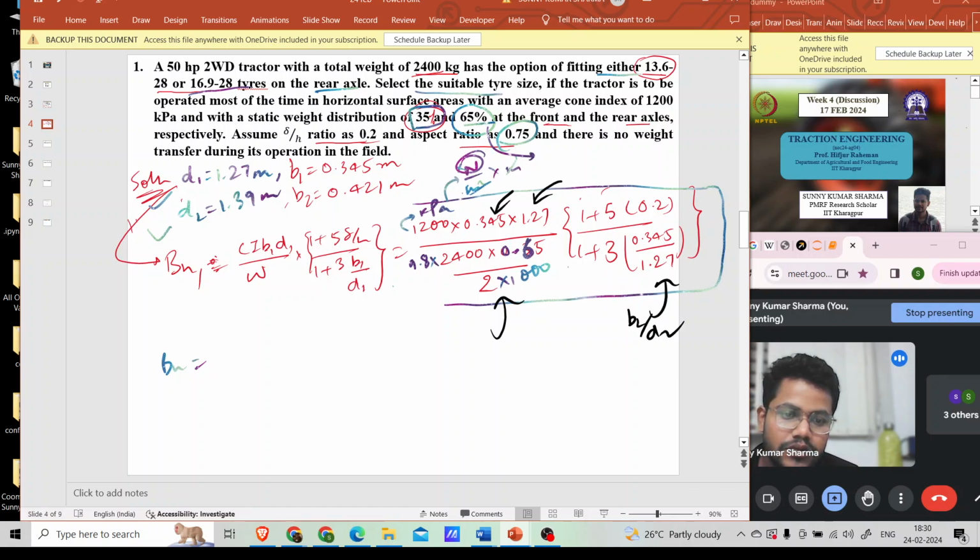It will become B2 and D2. Then the H is the same for both tires. You calculate the wheel numeric for the first wheel and the second wheel.